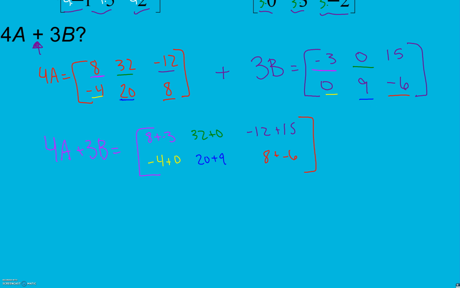Now I can simplify these. 4 times matrix A plus 3 times matrix B is going to be 5, 32, 3, negative 4, 29, 2.